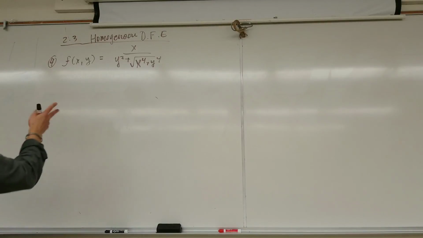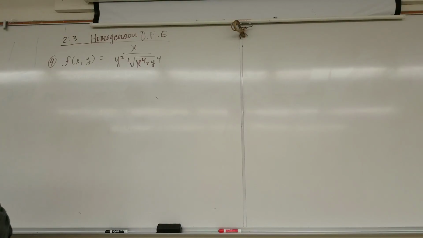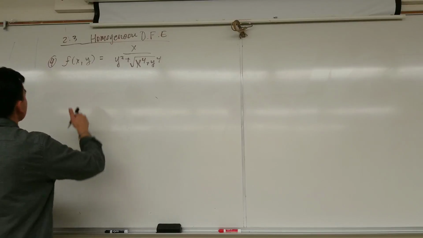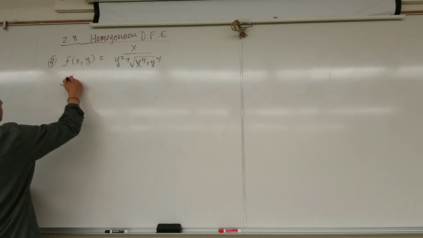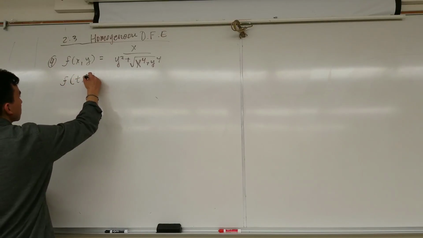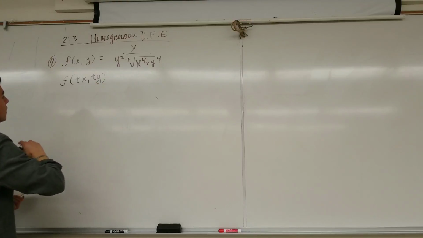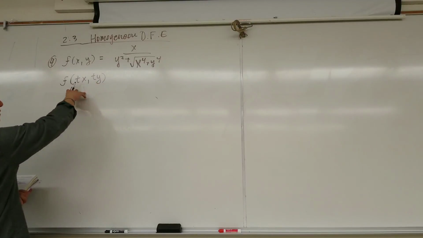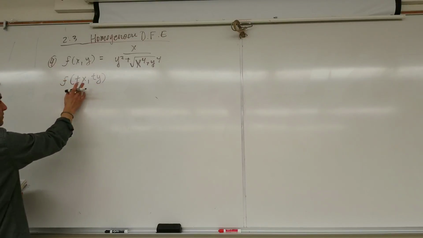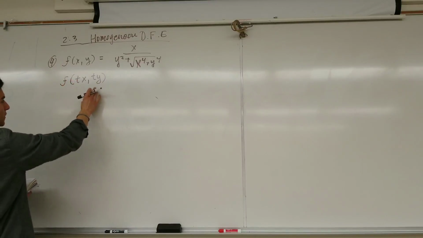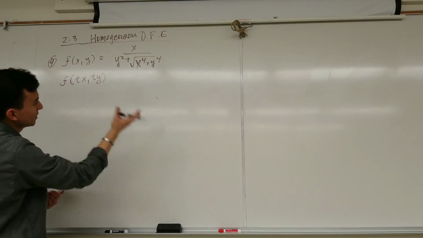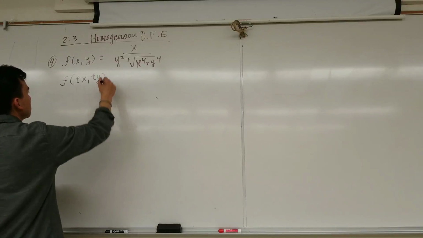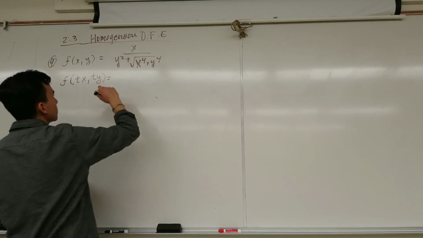All right, so let's start off with this problem. Okay, so if I were to put in that t in our function, like I said, that means for every x you see, you're going to put a t next to it, basically. If you see a y, you're going to put a t next to it. Hopefully that makes sense. So I see an x up there.